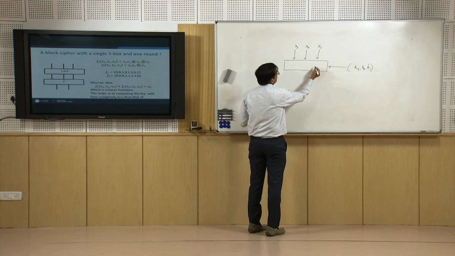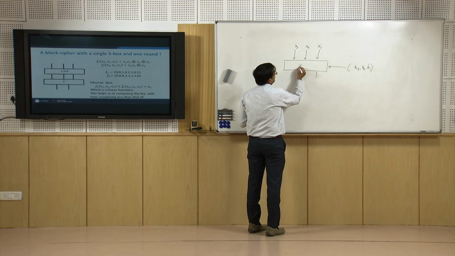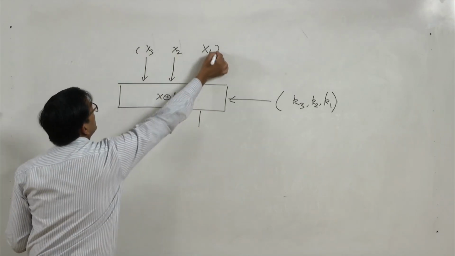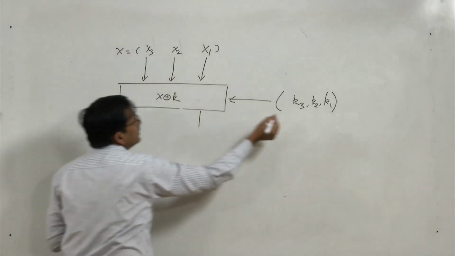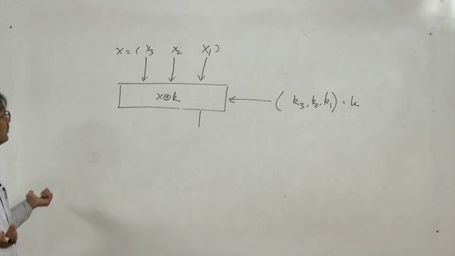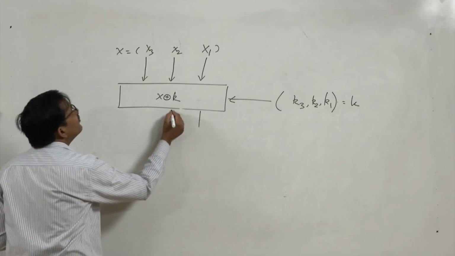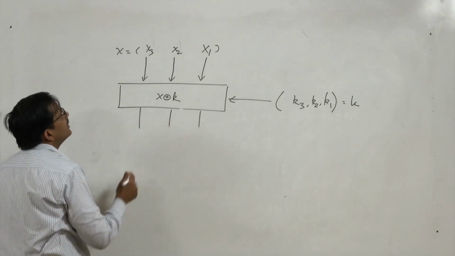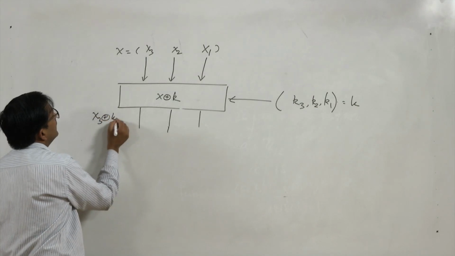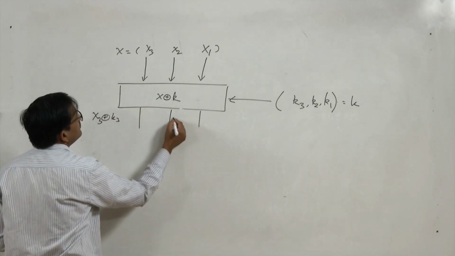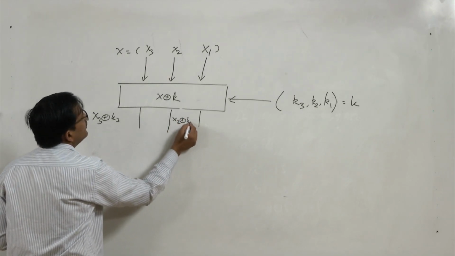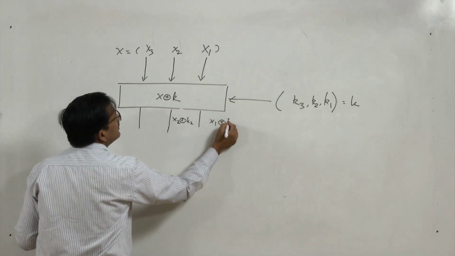So, after the key is mixed, this is X XOR K, because my input is X and my key is K. It is a single round, single S box, no permutation layer. So, whatever is coming out is X3 XOR K3, X2 XOR K2 and X1 XOR K1.